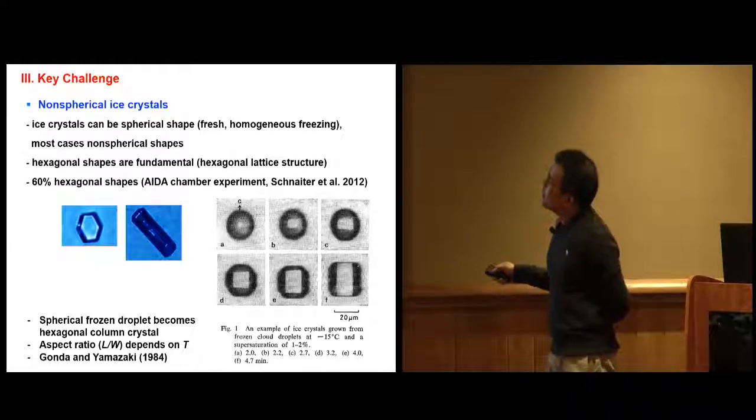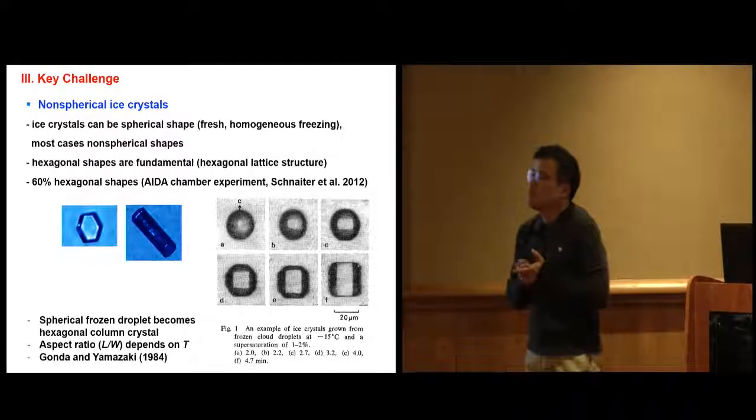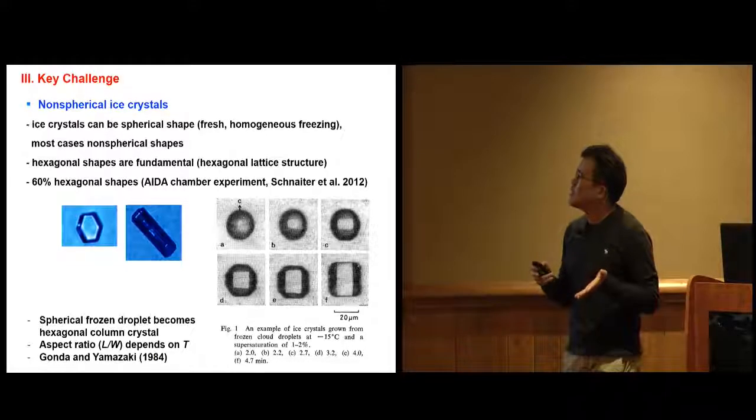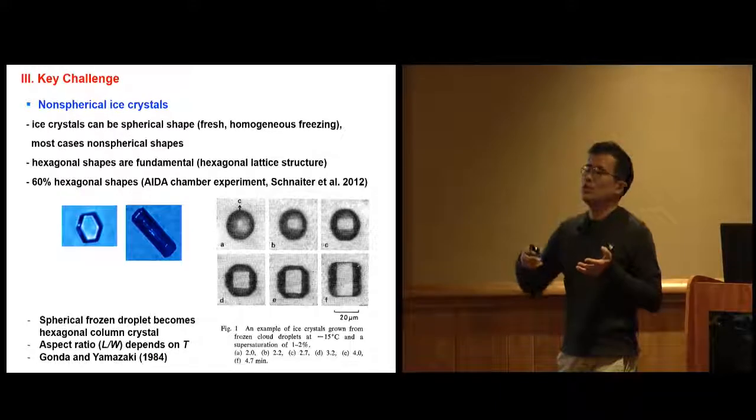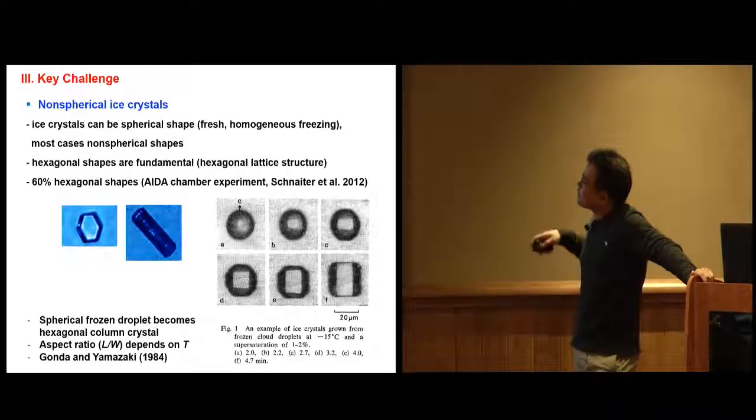And in some cloud chamber experiments, from the AIDA chamber experiment, 6% of ice crystals just newly formed had hexagonal shapes. And this one is an example of shapes of rare ice crystals.